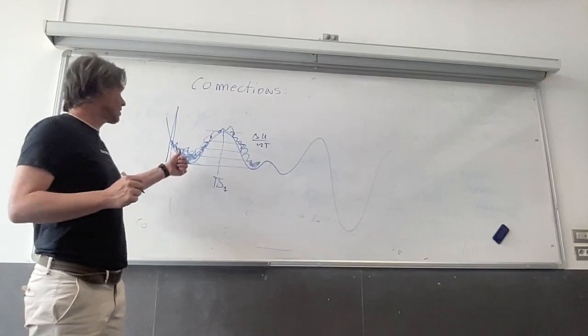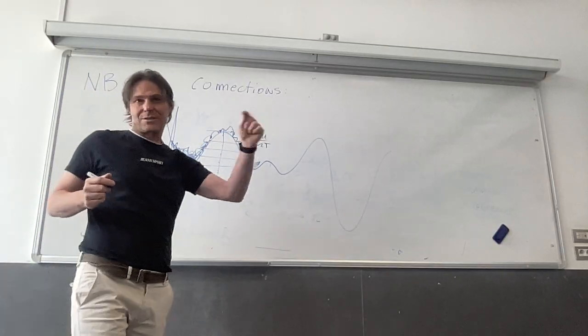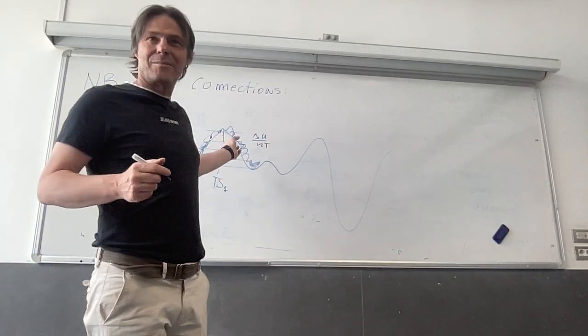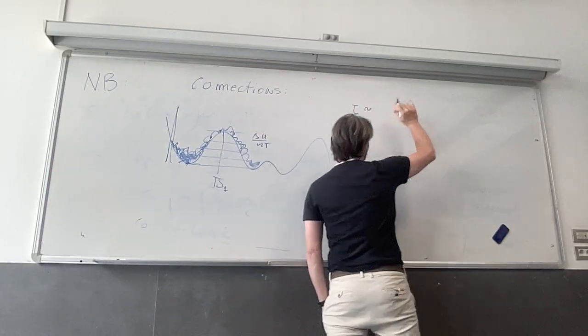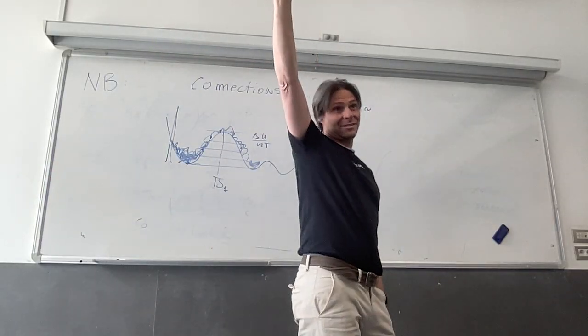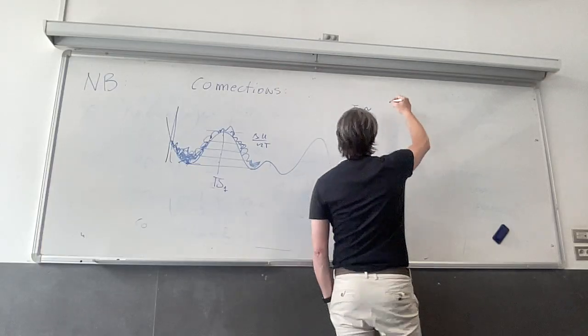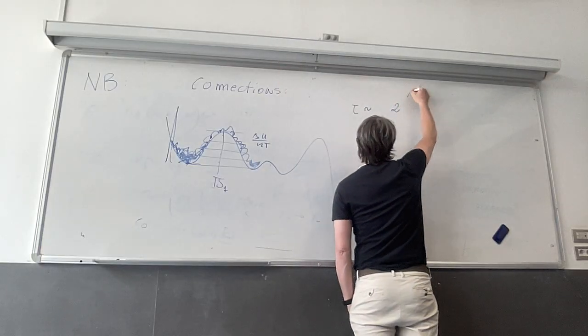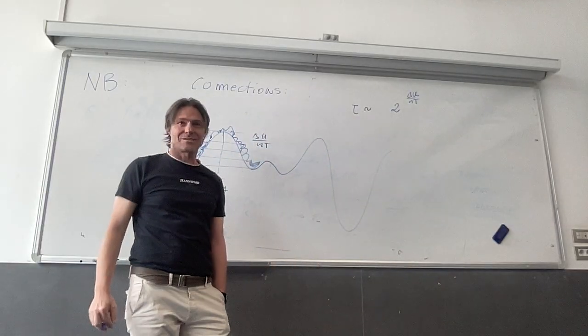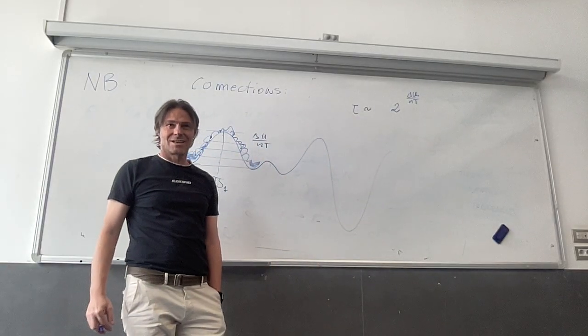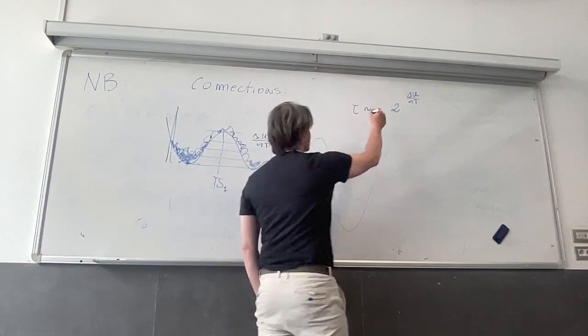So if tau naught is the time between one toss and the next, the typical time scale of microscopic dynamics, the time for transition in this extremely crude model would be like 2 to the delta U over kT, times tau naught.